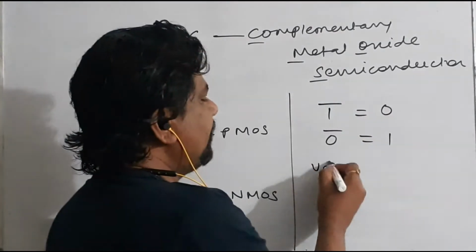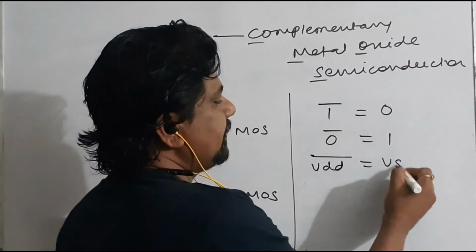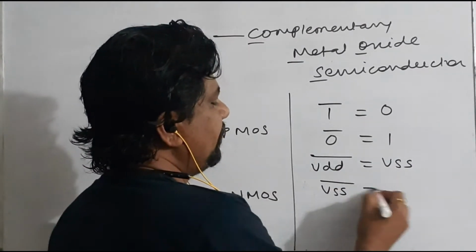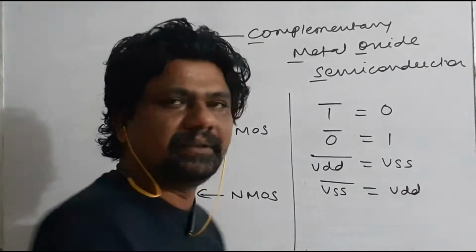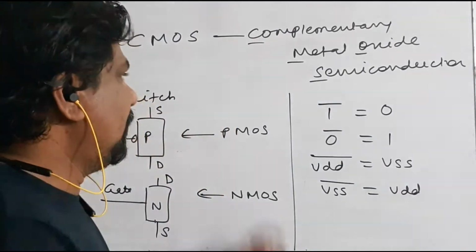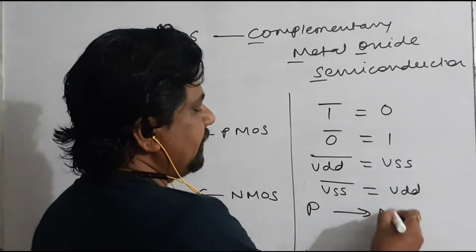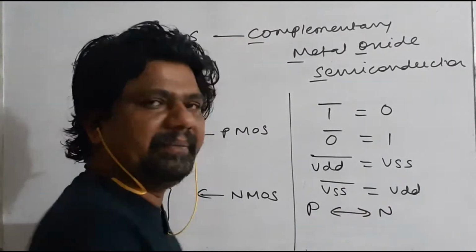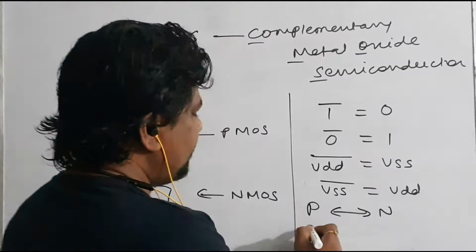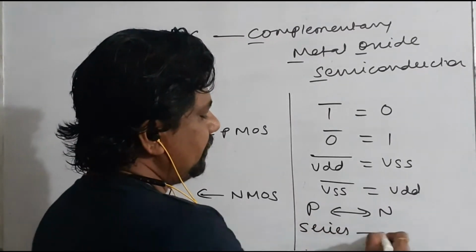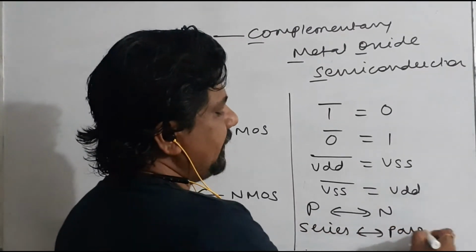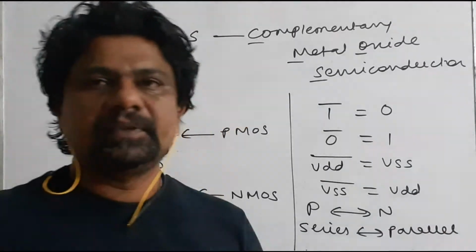That means VDD complement is equal to VSS. VSS complement is equal to VDD. Very simple, isn't it? Now P complement is N. N complement is P. Series complement is parallel. Parallel complement is series, isn't it?